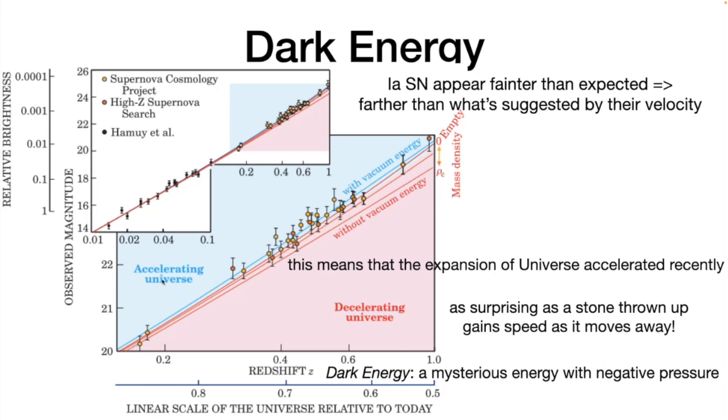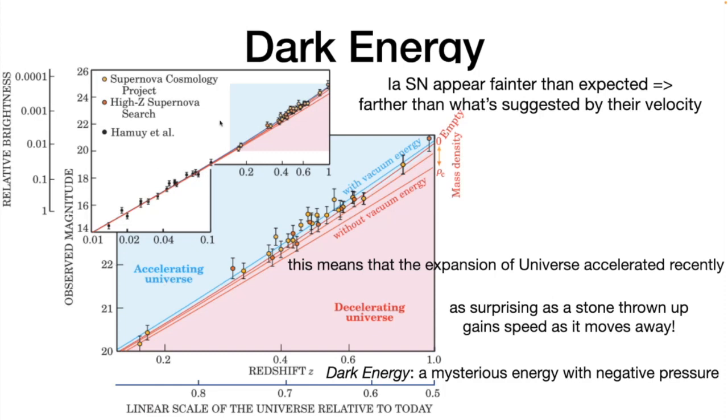If you have a distance versus velocity diagram and you only look at nearby galaxies, you just measure the local slope. But the actual evolution of the scale of the universe and the age of the universe can be more complicated, right? For a short time, you can assume the trajectory to have constant velocity.